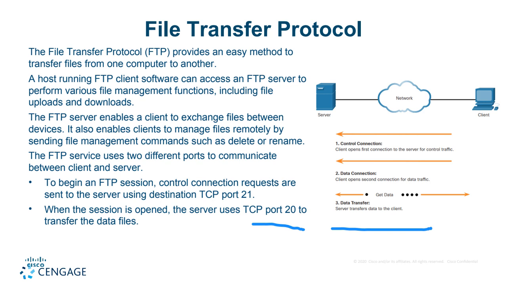So 21 is for control, 20 is for data. First you communicate, fix the connection, you agree on everything, then the data starts going in the tunnel of port 20.